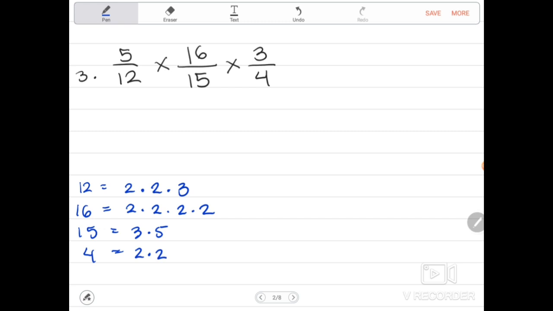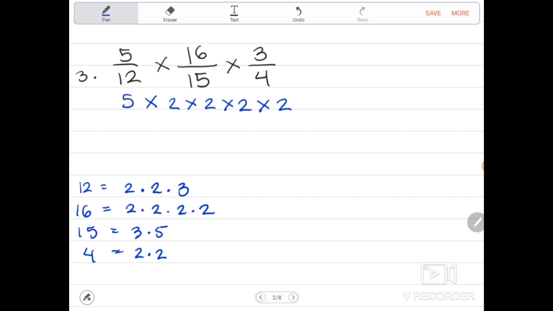So instead of writing 12, 16, 15, and 4 in our working equation, we are going to write their prime factors. So let's move on. So 5 times, for 16, we have 2 times 2 times 2 times 2. Okay?